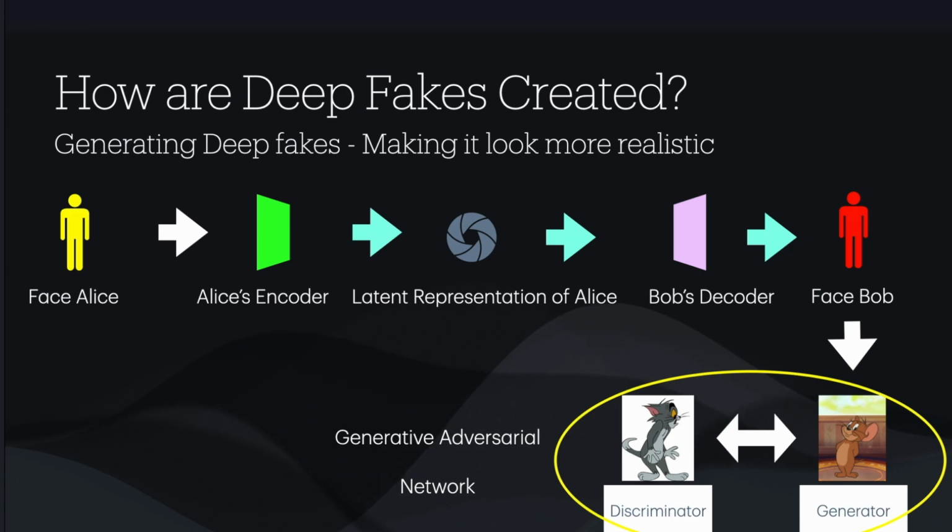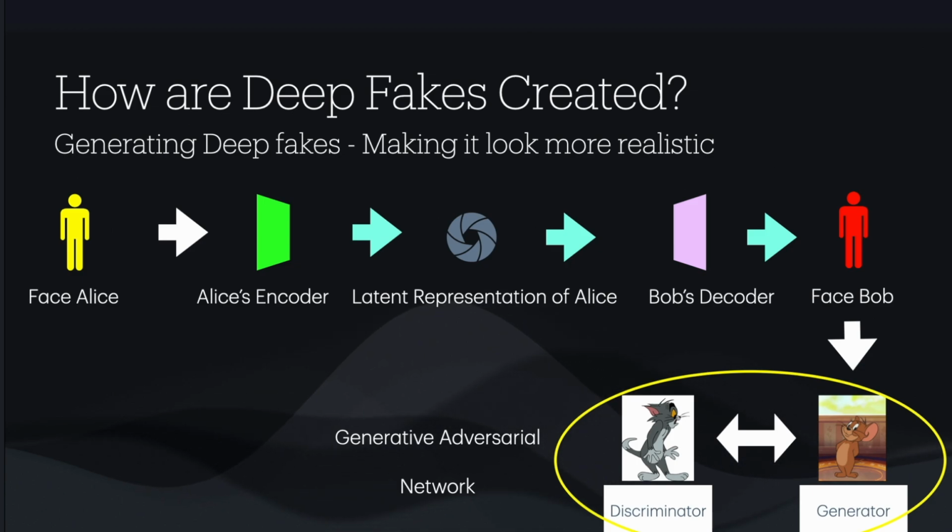Jerry keeps finding ways to fool Tom and ultimately is able to beat Tom. So here the generator keeps trying to create more and more realistic images and is ultimately able to fool the discriminator, increasing the realisticness of the image itself.